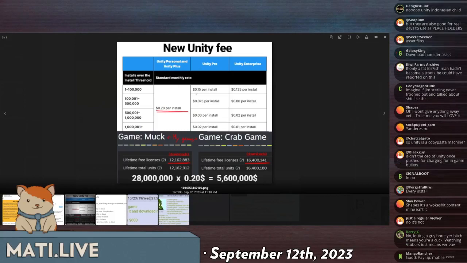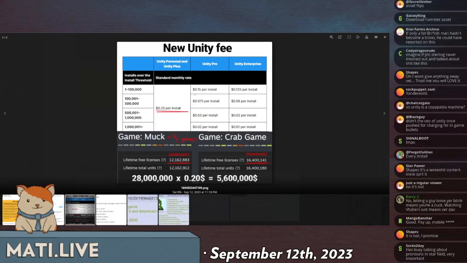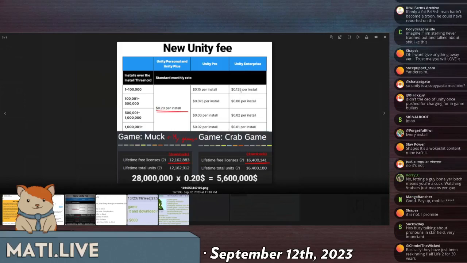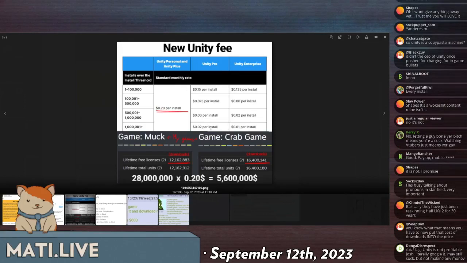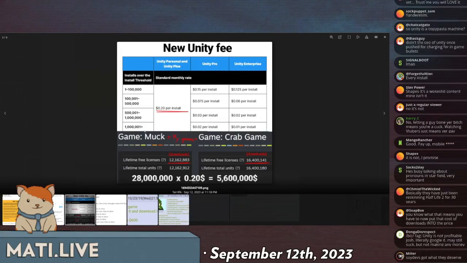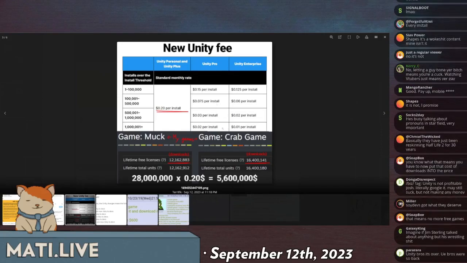If you have the pro license, which is something like a $20 a month fee, then it's 15 cents per install. And if you're enterprise, it's 12 and a half cents per install. And that scales down. So if you make a very successful app that has 1 million installs, if you're with enterprise or Unity Pro, you owe them a lot less.